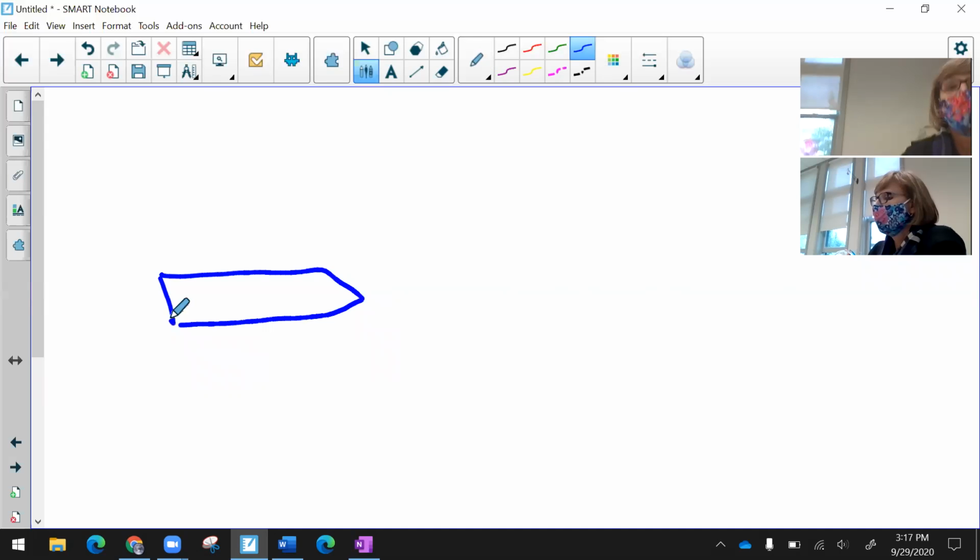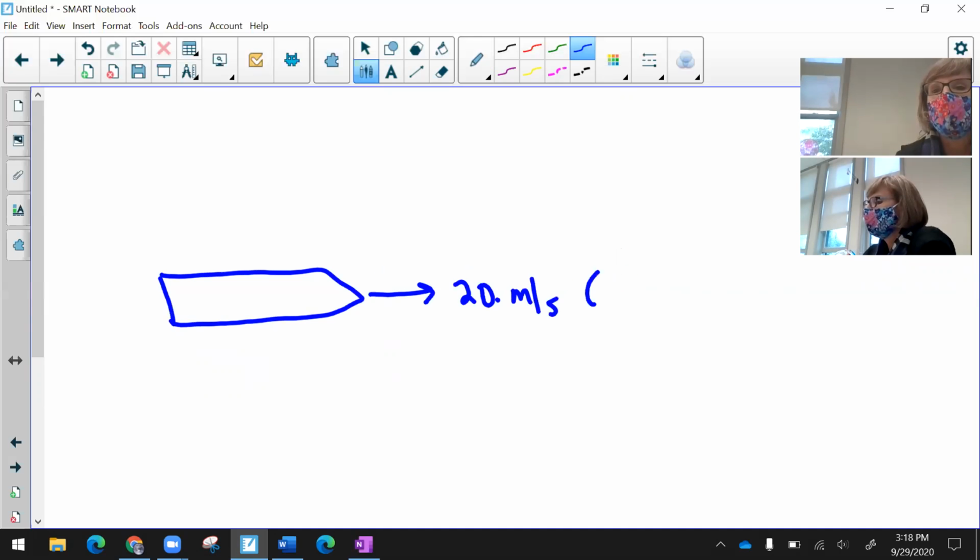Okay, so here's my boat. At 10 seconds, I have 20 meters per second that's coming from the motor. But the wind is also giving me some velocity, right? So the wind is giving me velocity in the x direction of how much?